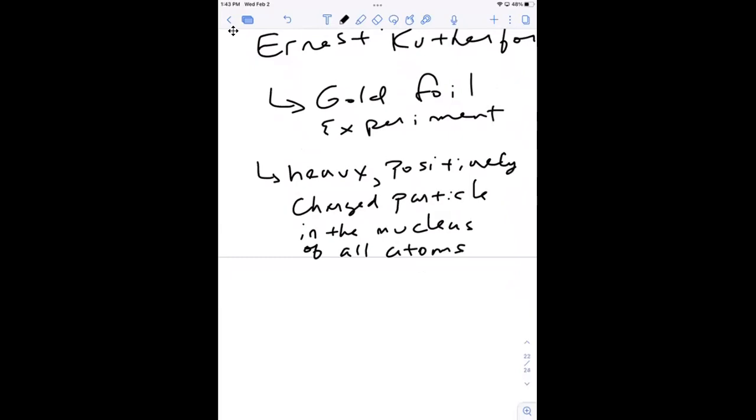Right, so that's one of the findings of his study, that there's a heavy, we know now it's a proton, but back then they didn't know that. So a heavy positively charged particle in the nucleus of all atoms.